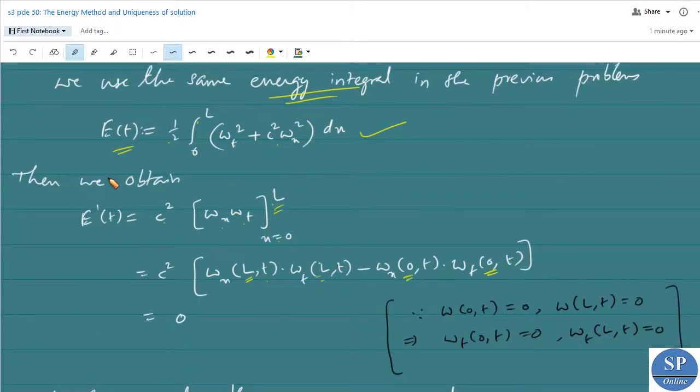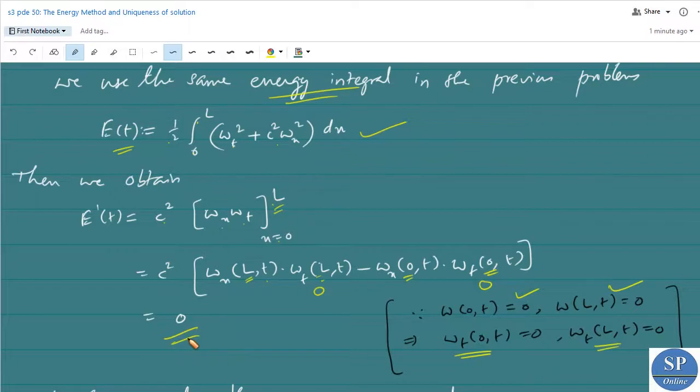Since W(0, t) is a function of t which is 0, W_t is also 0 at x equals 0, and W(L, t) equal to 0 implies W_t(L, t) is also 0. Therefore this term is 0 and this term is also 0. So we have E dash of t equal to 0 here also.